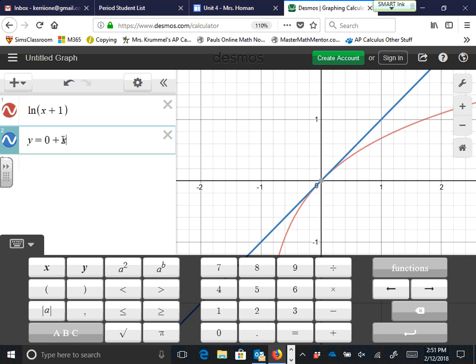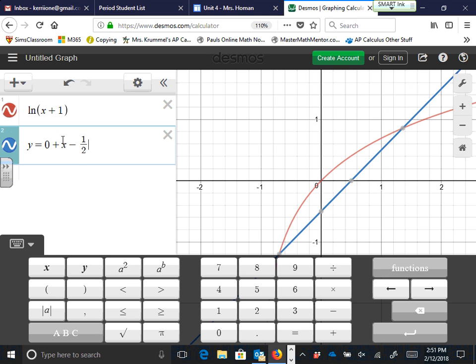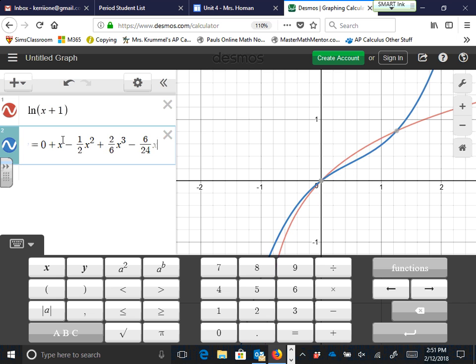Well, we get closer. Minus 1/2 x squared. See how it fits a little bit tighter? Okay. Plus 2/6 x cubed. Fits a little bit tighter. Minus 6/24 x to the 4th.